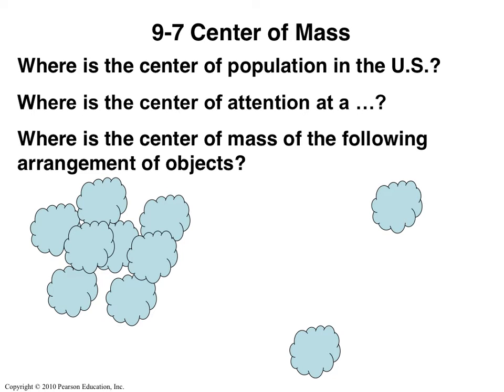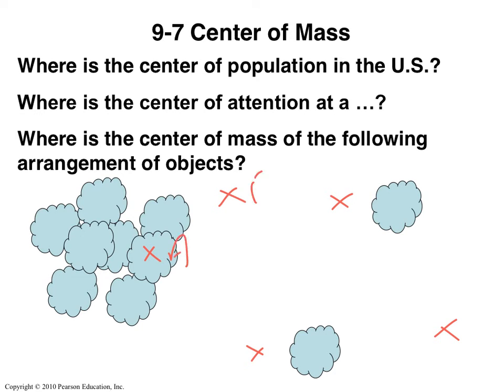So if I talk about center of mass, where do you think it ought to be? Suppose I gave you this. This is a collection of objects, right? And I ask you, where is the center of mass of this collection of objects? Where would you put it? Let me give you a few choices. Is it here, here, here, here, or here?